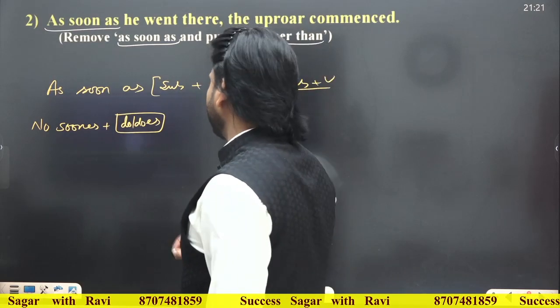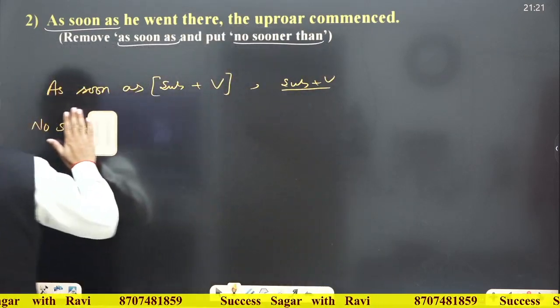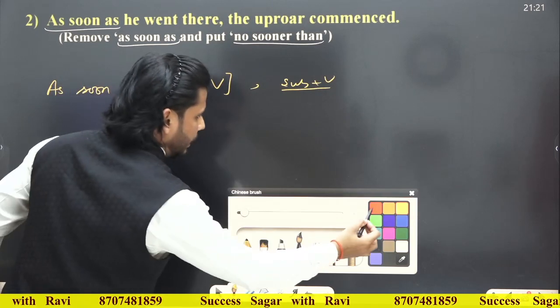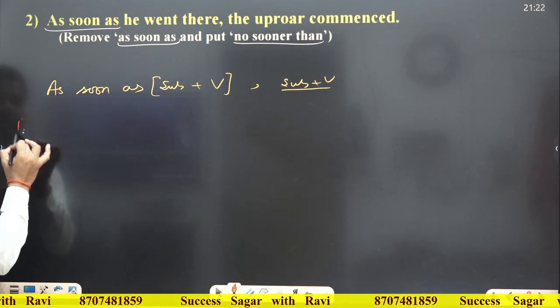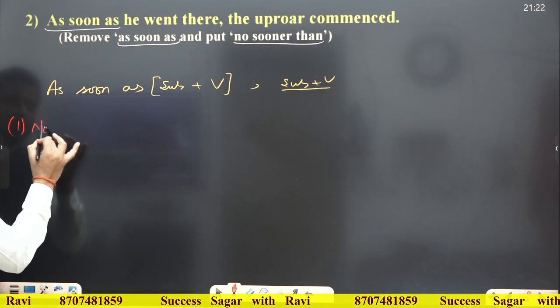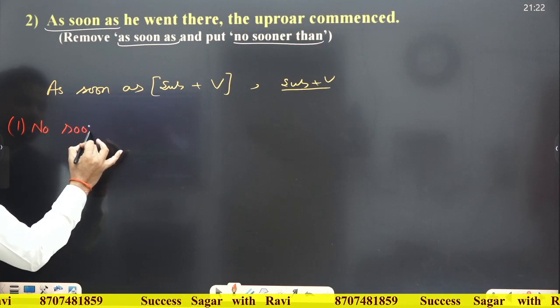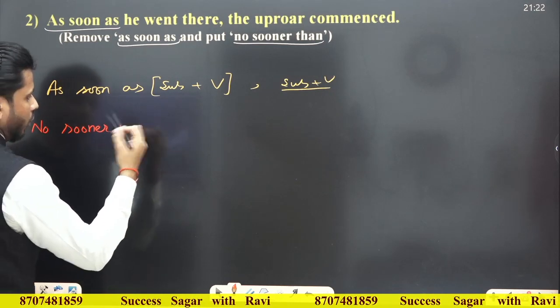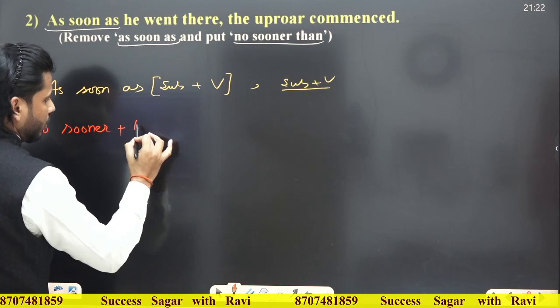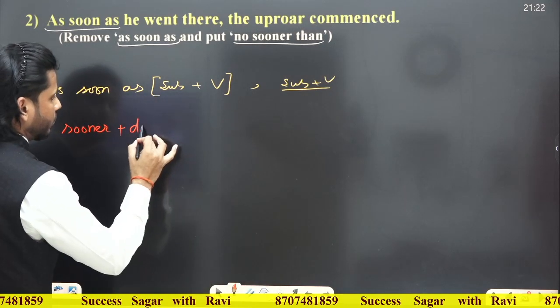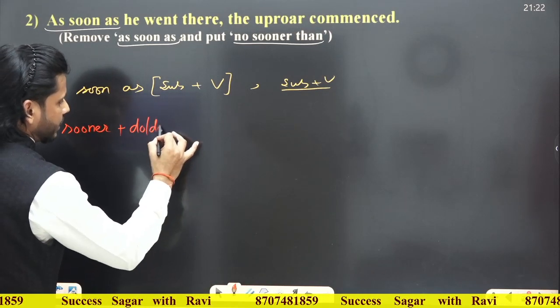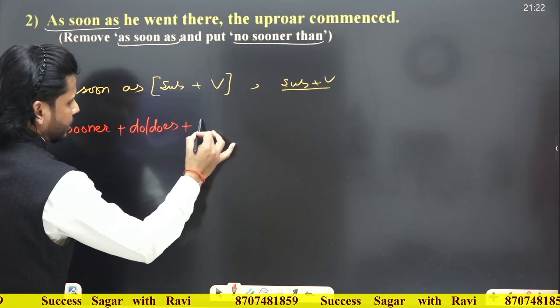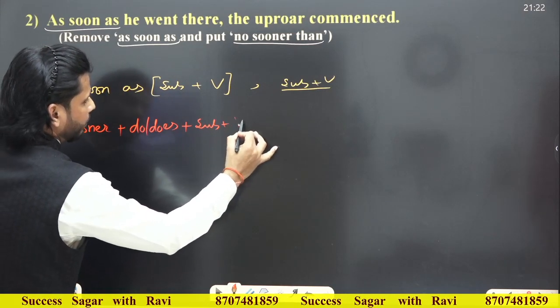The first pattern is no sooner followed by the helping verb do, does. If the given sentence is written in present tense, then the subject, then the base form of the verb.